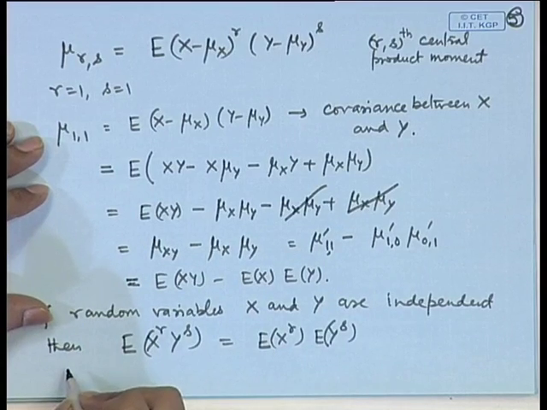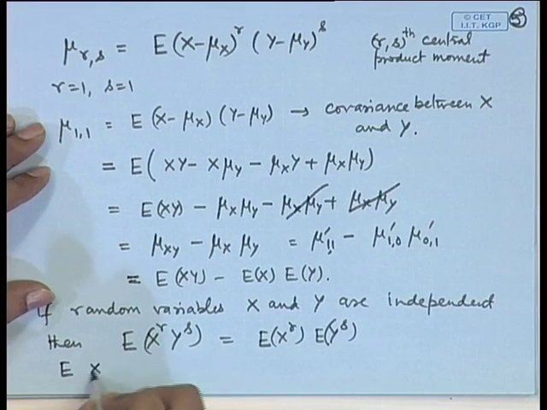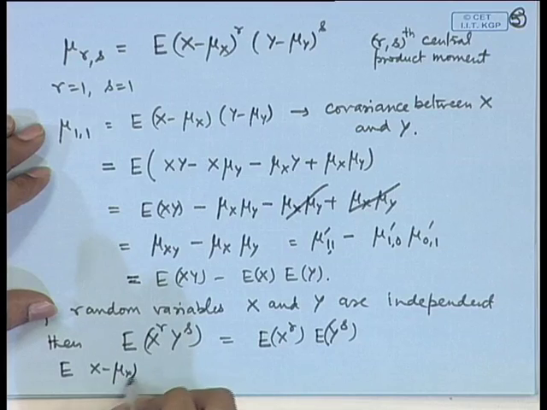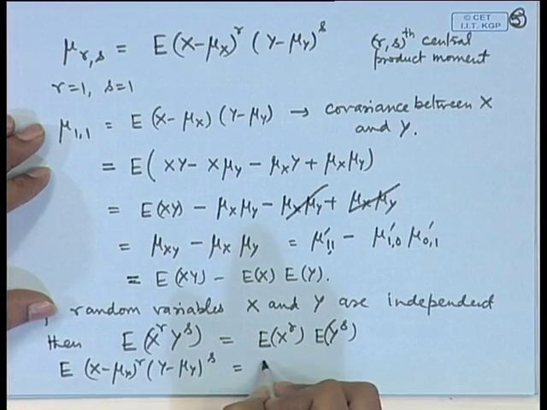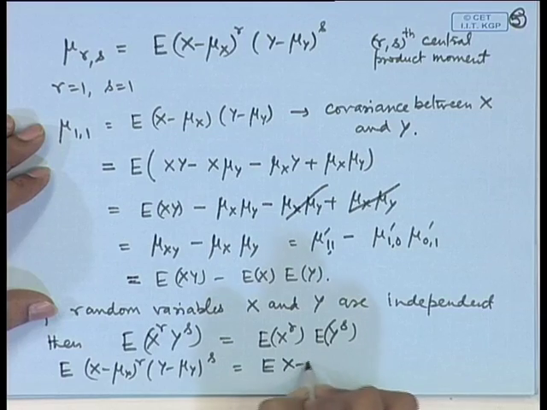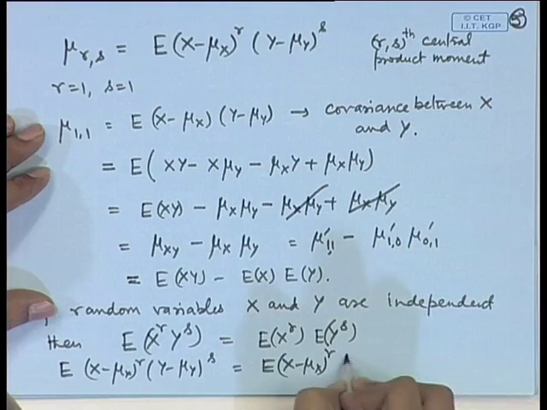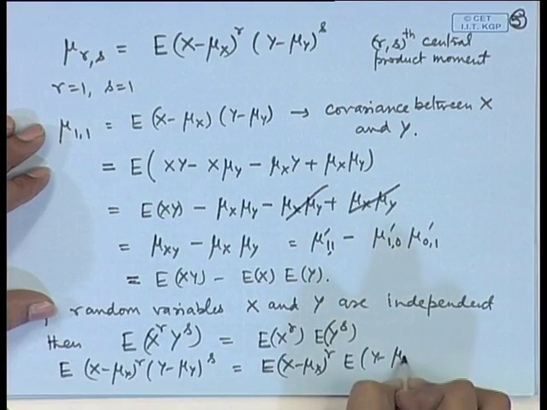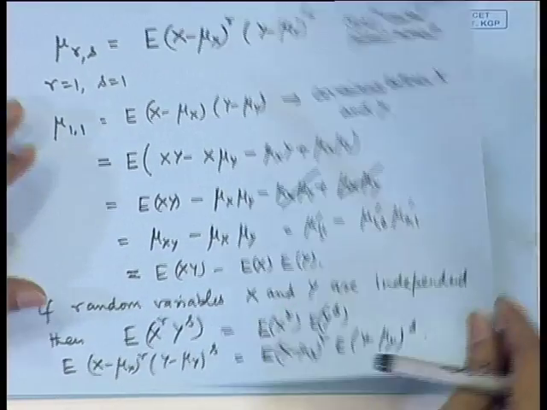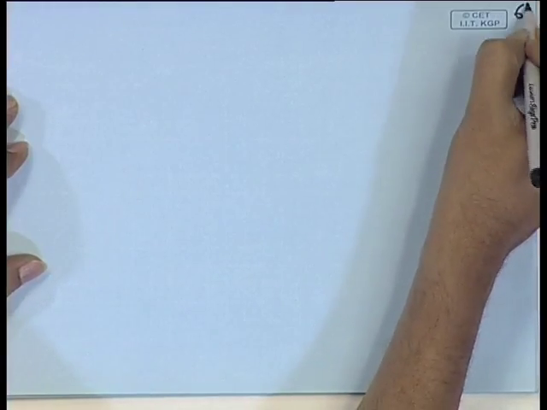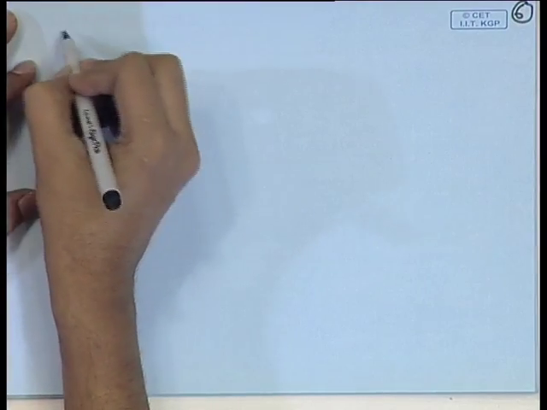Similarly, expectation of (x minus mu x) to the power r (y minus mu y) to the power s will become expectation of (x minus mu x) to the power r into expectation of (y minus mu y) to the power s. To see this, let us prove a general result regarding the independent random variables.